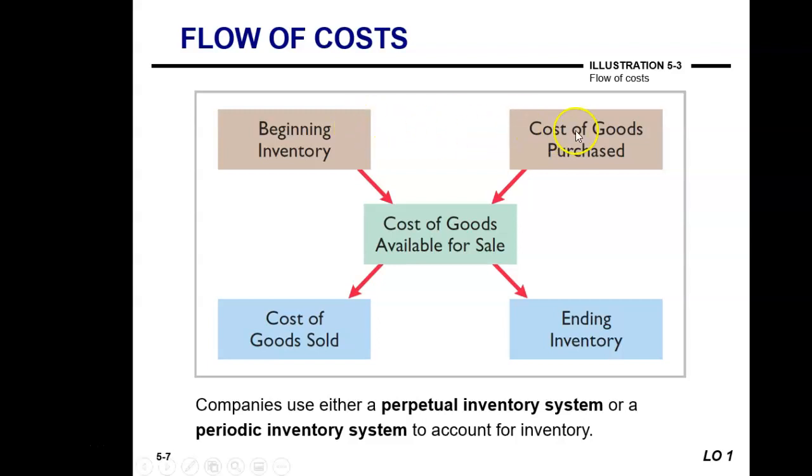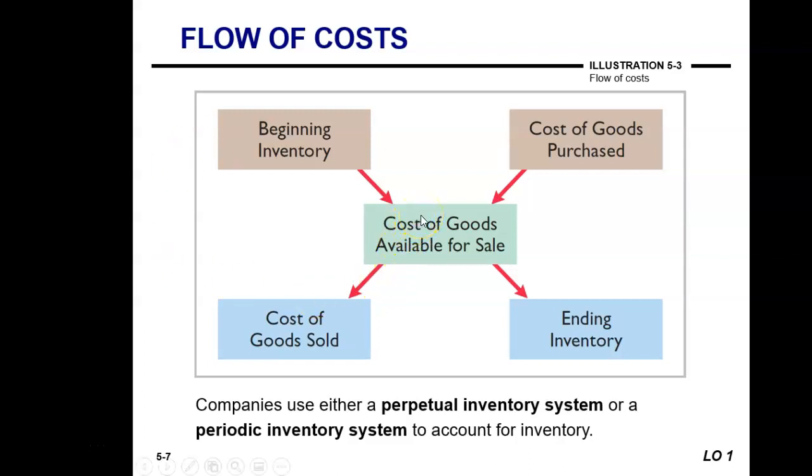When you add those two amounts together, we call that the cost of goods available for sale. Simple illustration. If we begin with 2 TVs at the beginning of the period, then we purchase 5 more TVs, add those together, we have 7 TVs now in inventory. The cost of those 7 TVs will be what's known as our cost of goods available for sale.